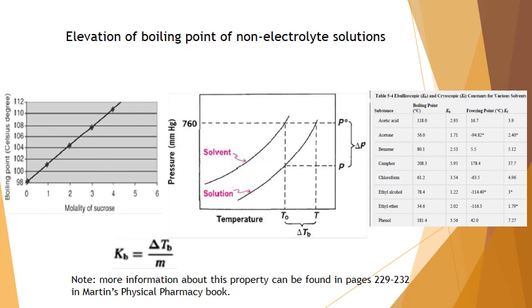So for each type of solvent there will be a different constant related to the solvent. For more information about this property, the different equations and expressions included in the equation, students can refer to pages 229 to 232 in Martin's Physical Pharmacy book.